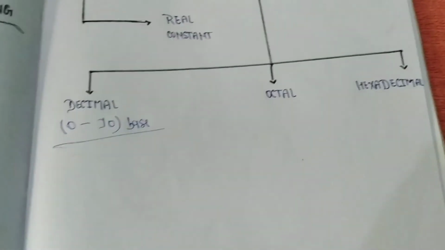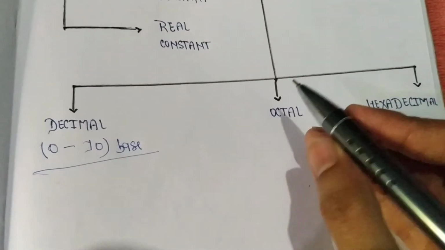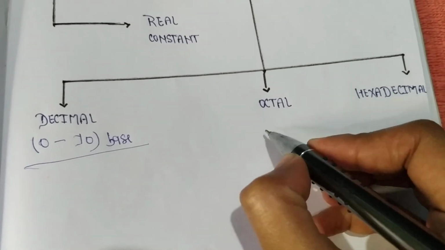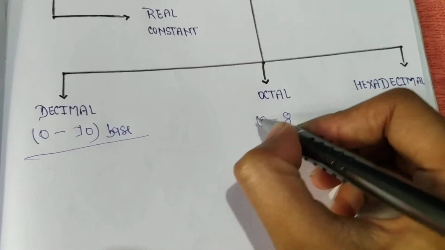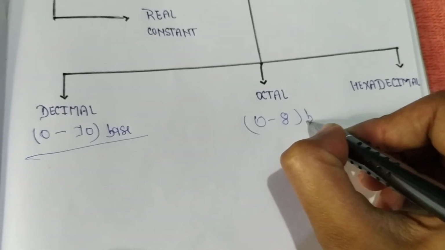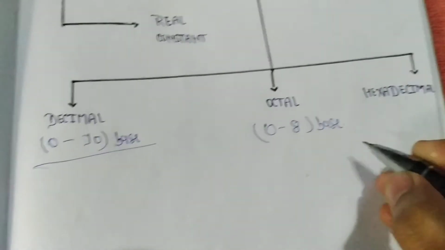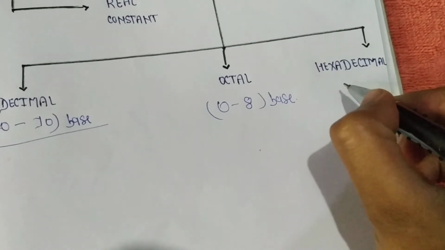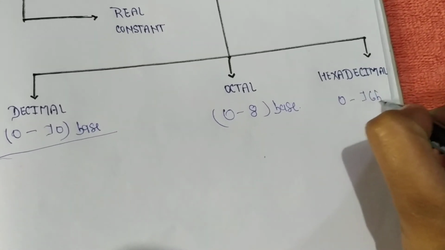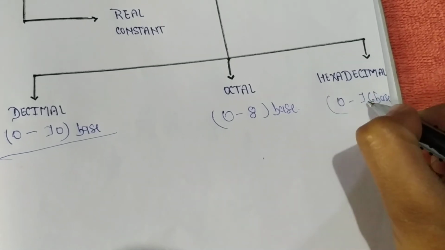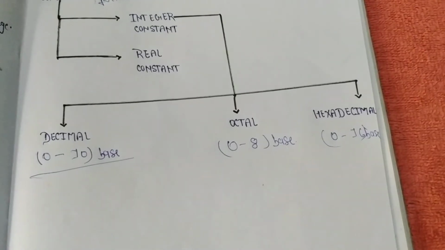And one which has base 8 is called an octal constant, meaning digits 0 to 7. Clear? And one which has base 16 is called a hexadecimal constant. Clear?